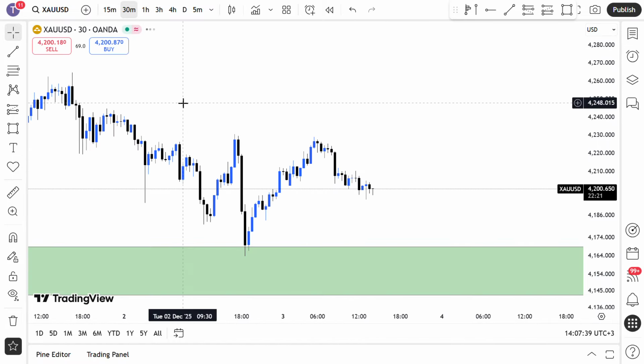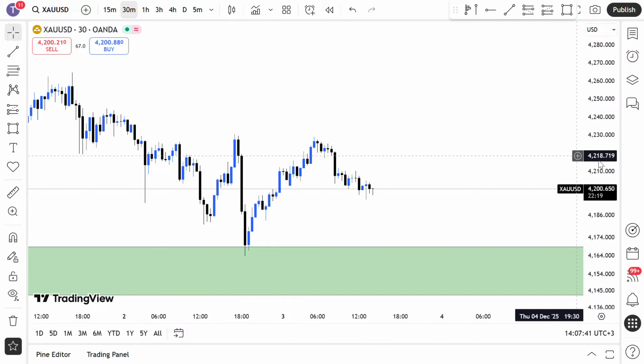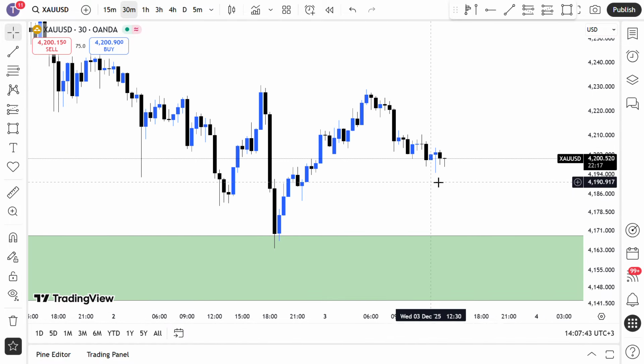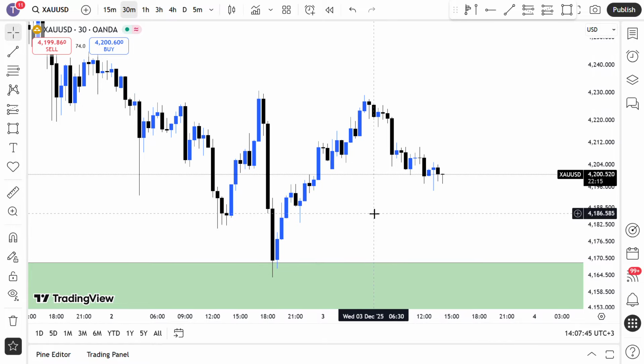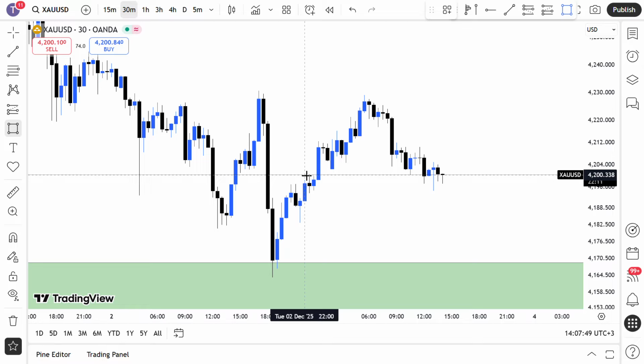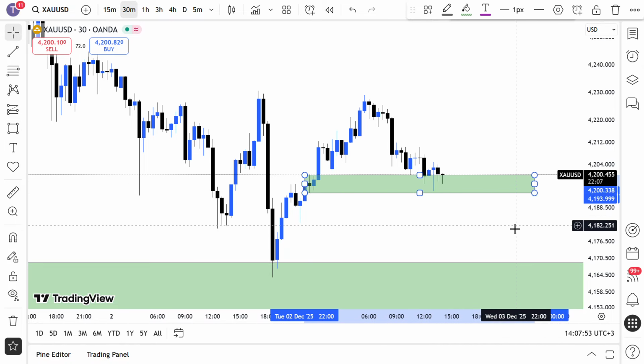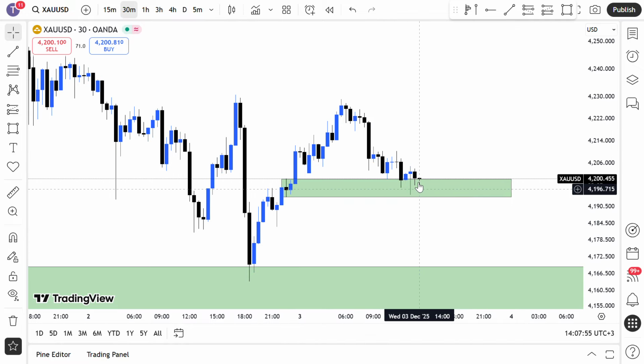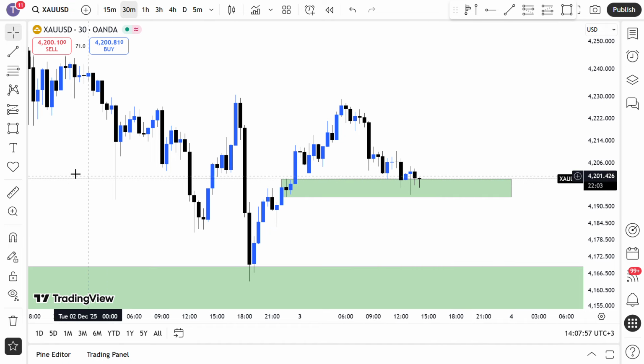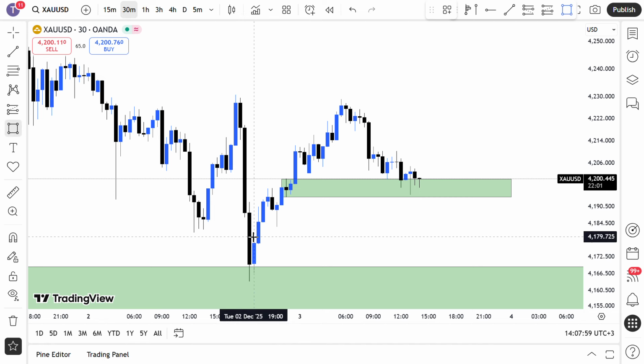So coming into the 30 minutes time frame, I have a very good fair value gap down here. And I think if price comes into that area, we'll look to take a trade from there. So currently price is around this area, this order block, and we have the price reacting from that area, and then we have another fair value gap down here.